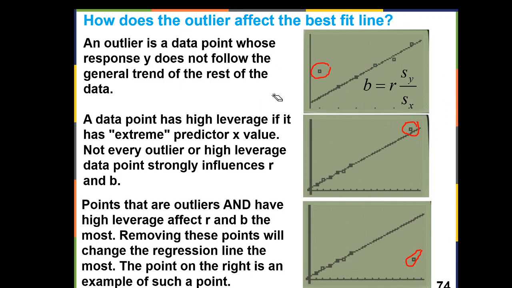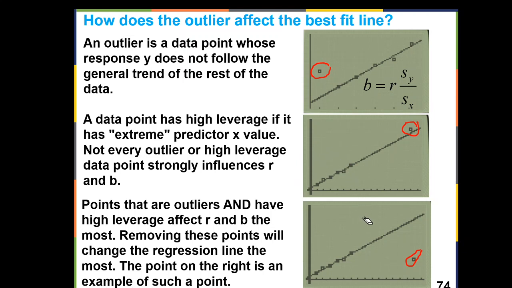Now the question is, what kind of outliers do we have? Well, an outlier is a point that is away from the line, right? And a point that is high leverage is a point that is away from the other points, not necessarily the line. That means the x coordinate of it is away from the points on that side or on this side.